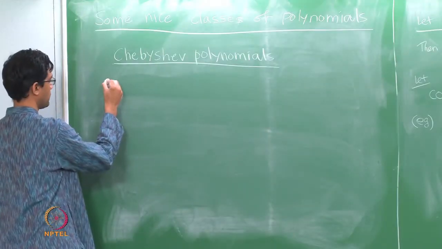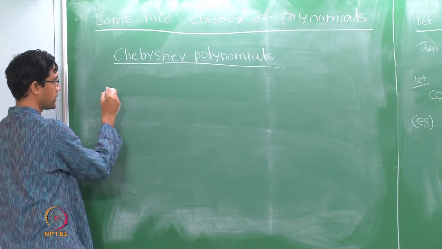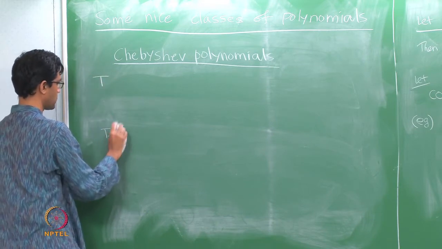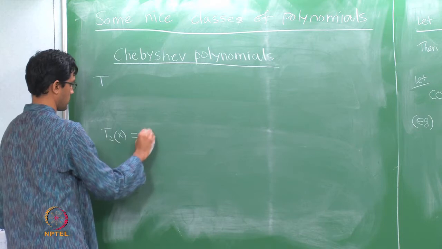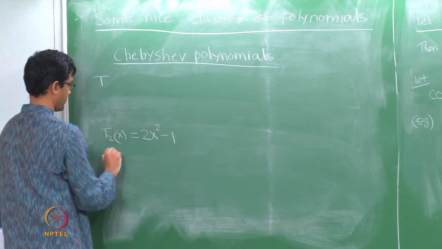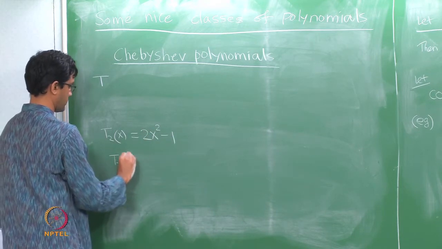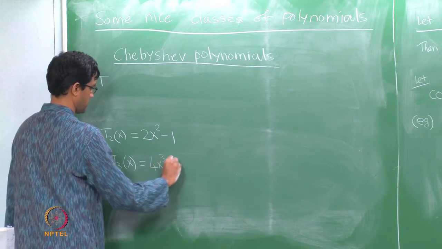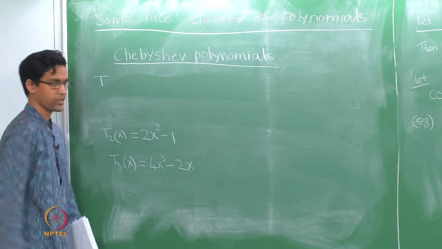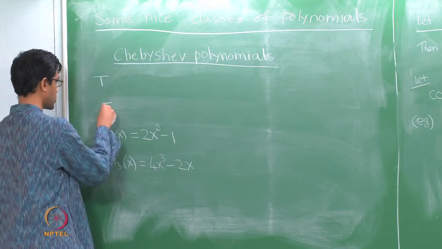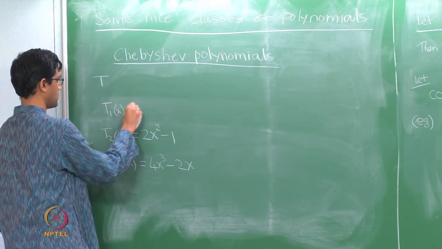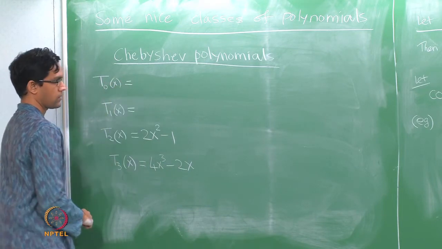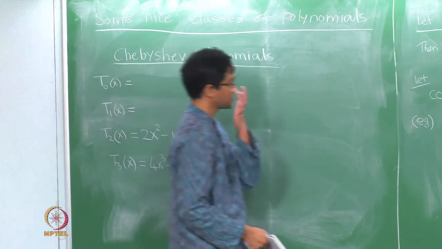So observe what are these, well, I should also have written the earlier polynomials. So here I have written T2, 4x cubed minus 2x. So observe, in fact we also know what T1 and T0 are. T1 is supposed to be what?